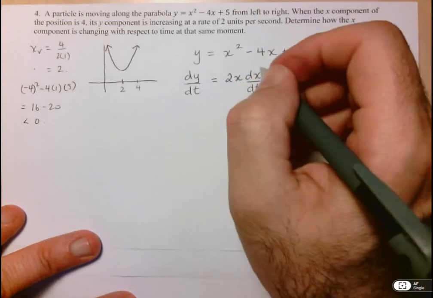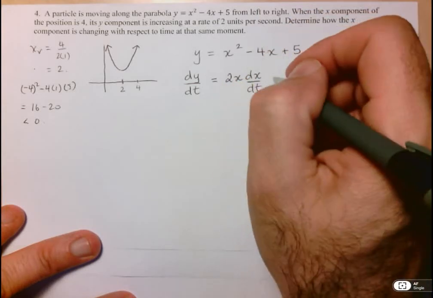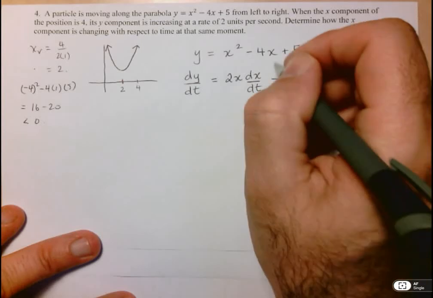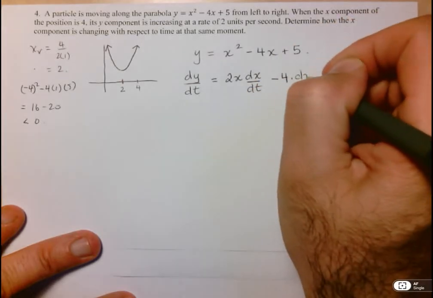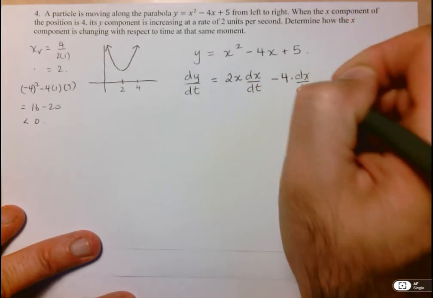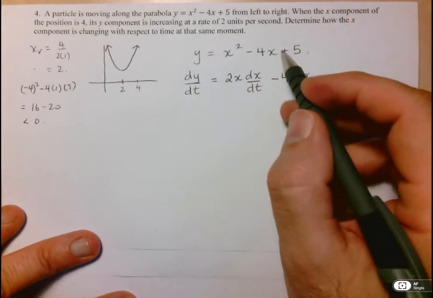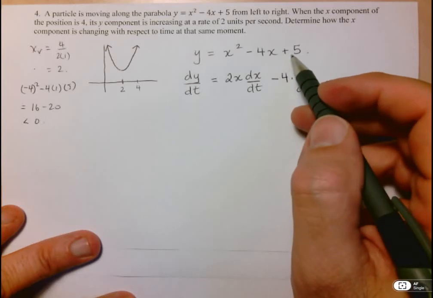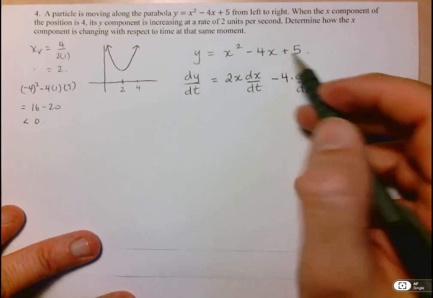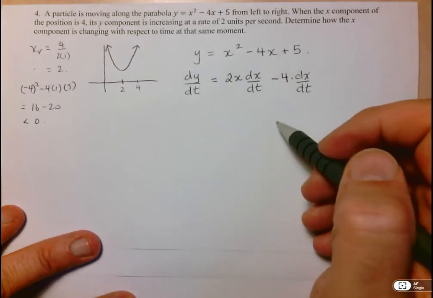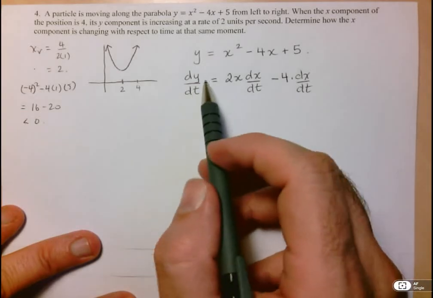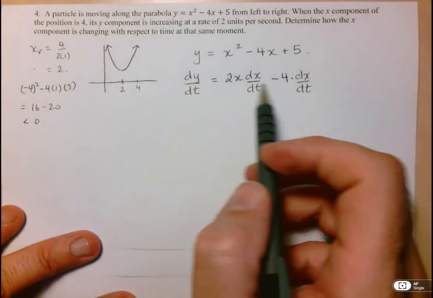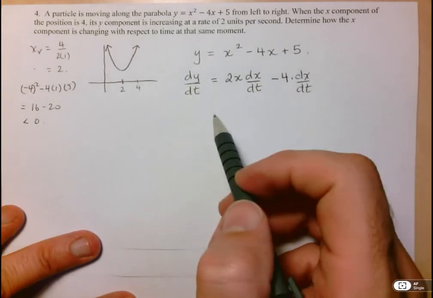Same thing here: first I take the derivative of negative 4x with respect to x, which is negative 4, times the derivative of x with respect to t. And the derivative of a constant, regardless of the variable of differentiation, will always be 0. Now I've got my equation that relates the rates of y and x with respect to time.